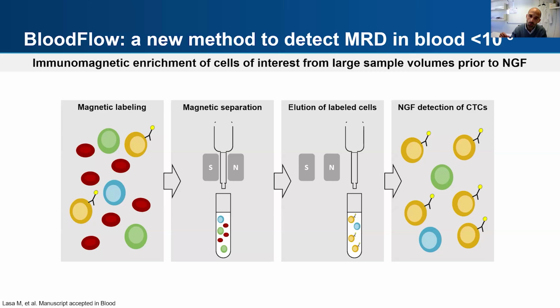Ultimately, what we did was to combine 2 methods that are commonly available in the laboratory of the hematology department. These 2 methods are magnetic enrichment, magnetic separation of plasma cells, something that is routinely done before cytogenetic assessment, and then on a small aliquot of enriched plasma cells that circulate in the blood, we perform NGF.